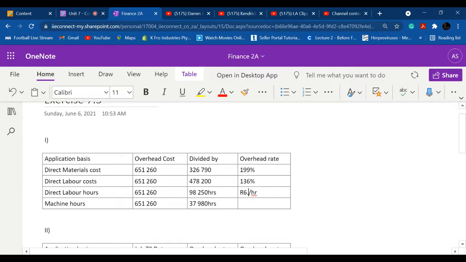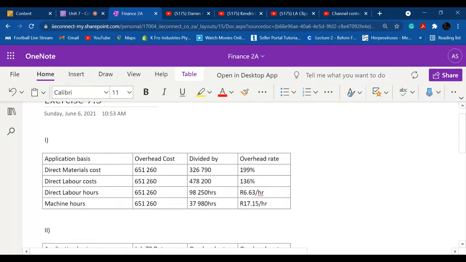Okay, I've got 6 rand and 63 cents rounded up. You know, if you're getting the same thing or not. So again, 651,260 divided by 37,980. Okay. Yeah, I get R17.15. Rounded up to this.